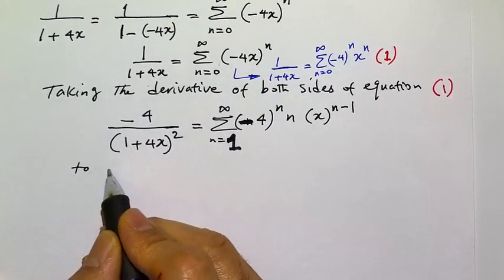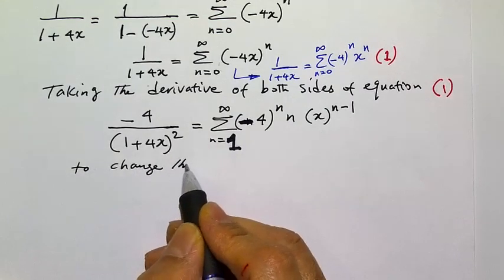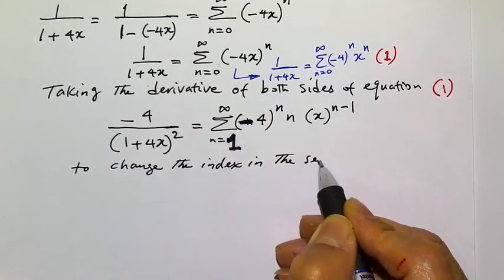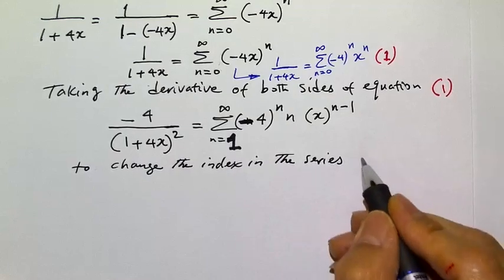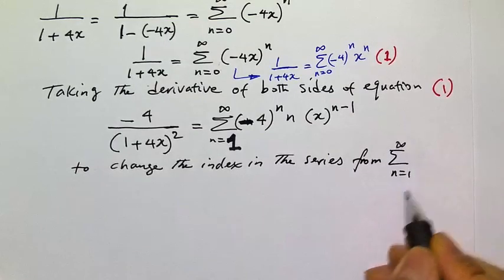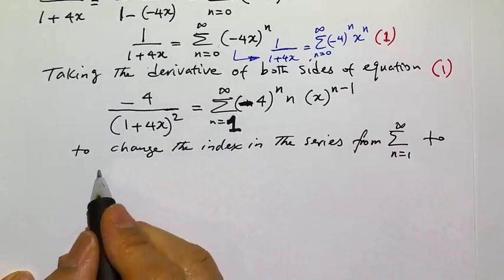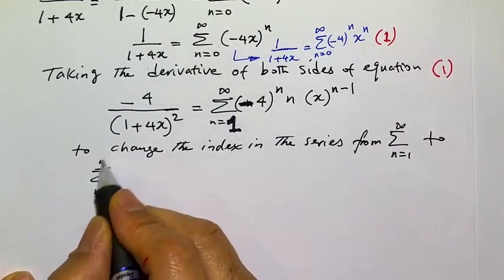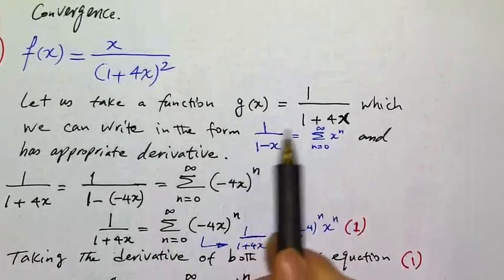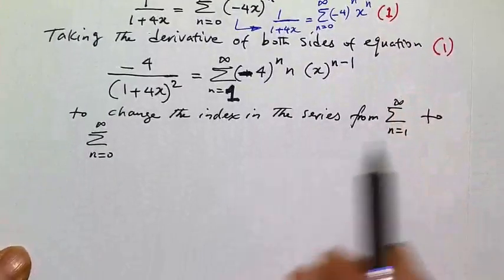Okay, let me actually write it down. So to change the index in the series from n equals 1 to infinity to n equals 0 to infinity, because that's what the original power series is based on, it's from 0 to infinity, and it makes sense here.